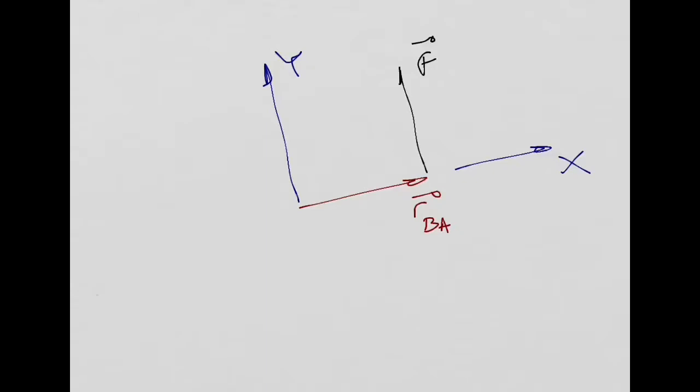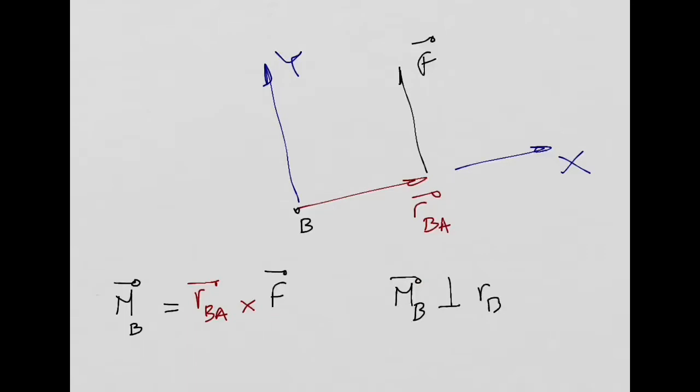so when you do this cross product, RBA cross product with F, that will give you a moment at point B. This is my point B, right? Sorry, not the bending moment. I said that will give you a moment at point B. And we know from the property of the cross product that this moment needs to be perpendicular to RBA.